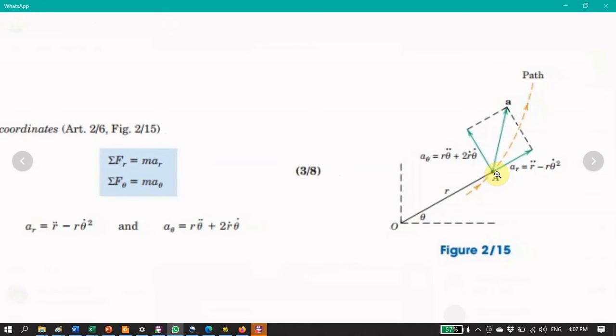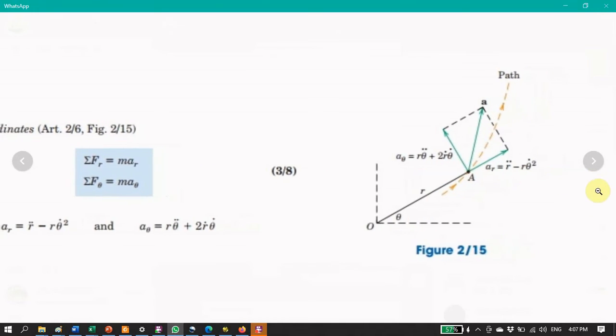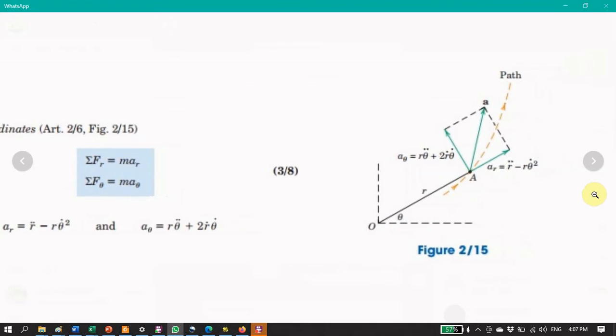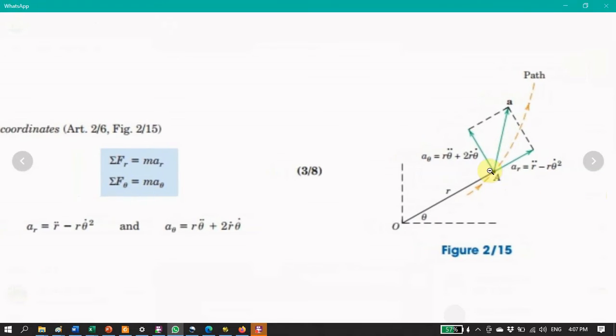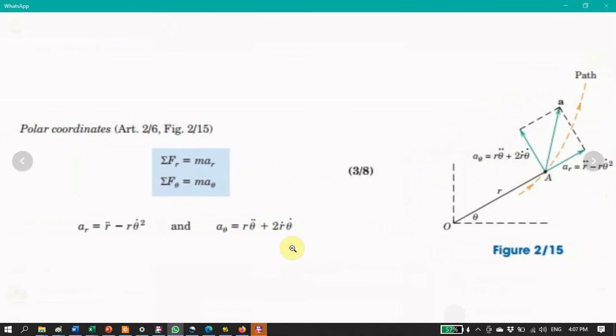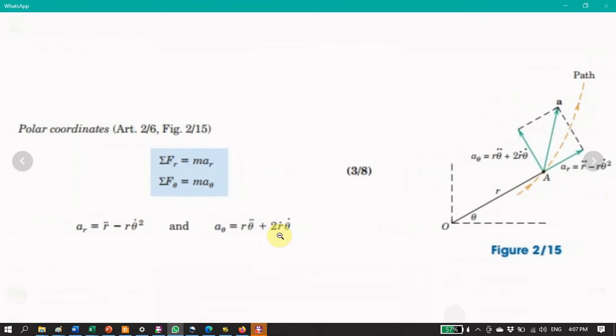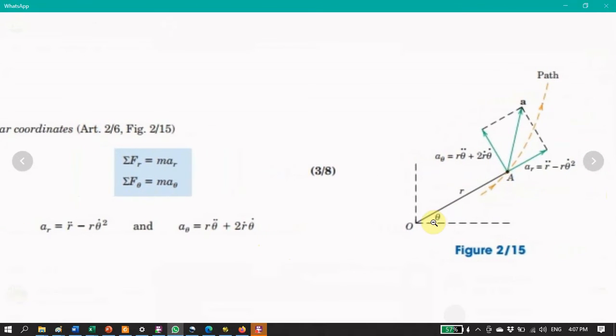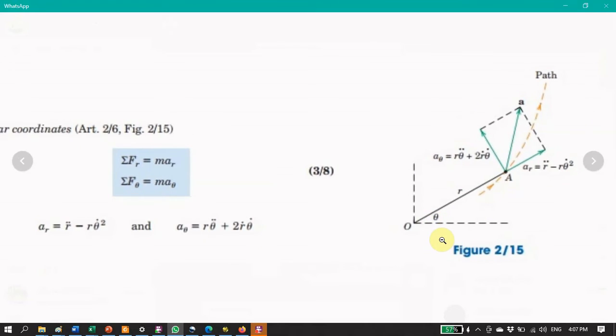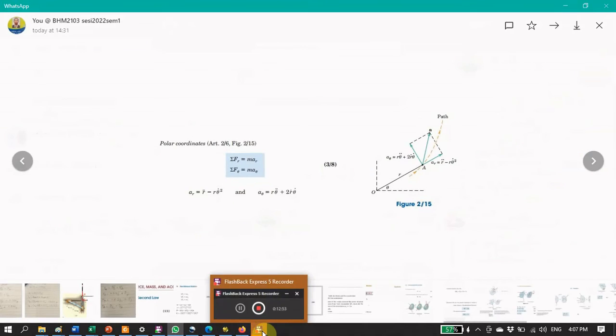So on the right hand side, we know the values of the radial location, so we need to use the position vectors to define the position of particles. Similarly, we can have the definition for tangential angular accelerations. So we have two components there. This is the way that we can use the polar coordinate to solve the equation of motion.